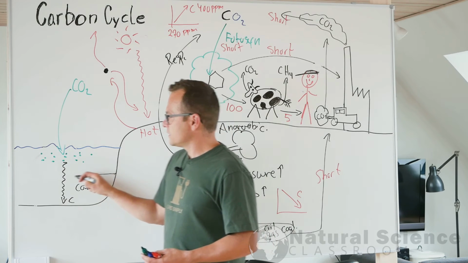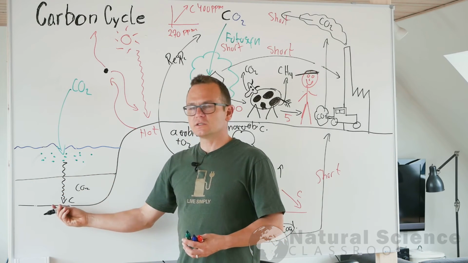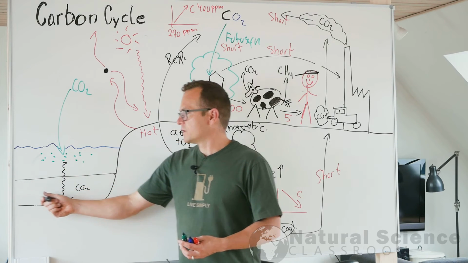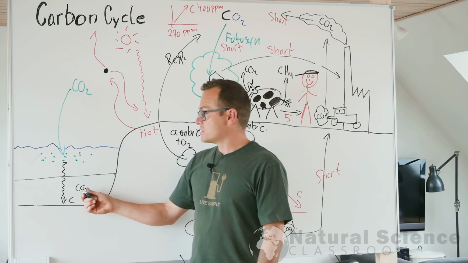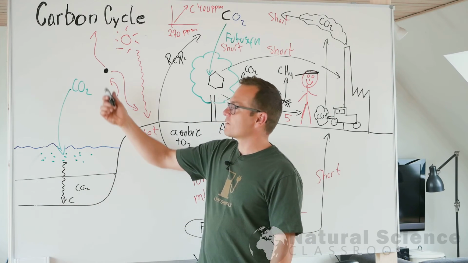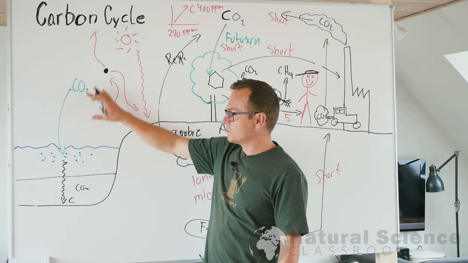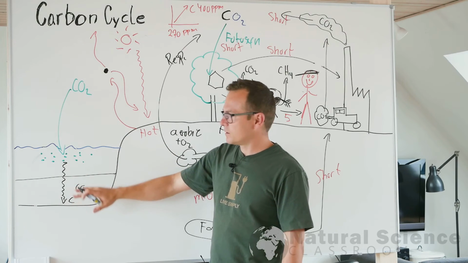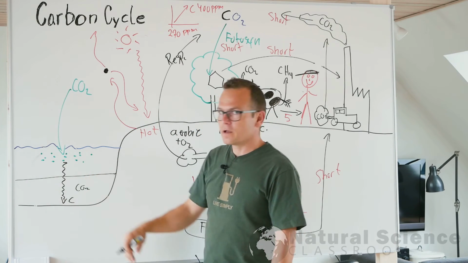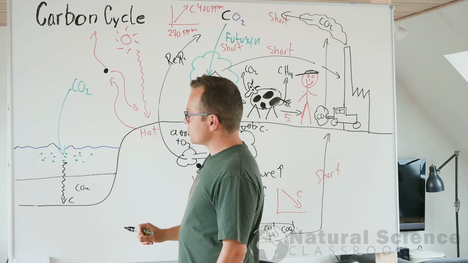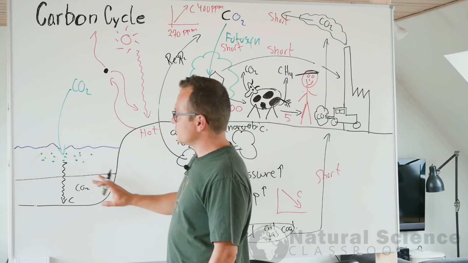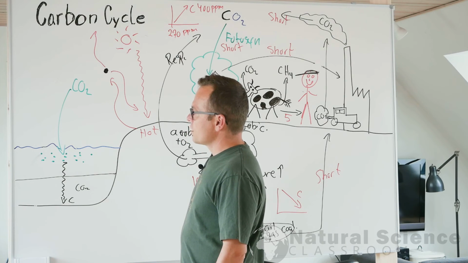But here's the thing, the deeper oceans, when the water is down here, it doesn't mix with the surface water for like thousands of years. So the CO2 is kind of hidden away from the atmosphere system. So that's a good thing. So that's a really strong carbon sink we've got over here. So the ocean is really important as well here.